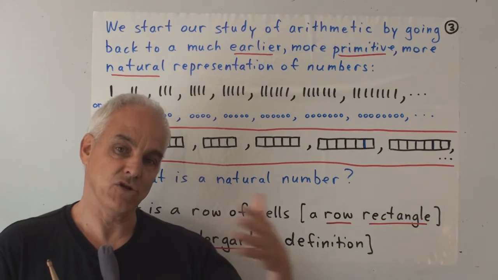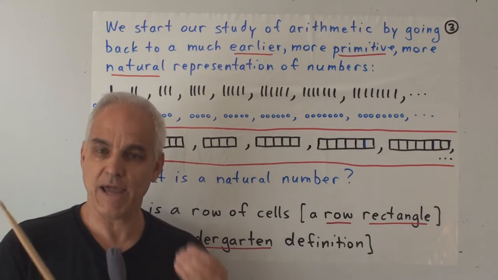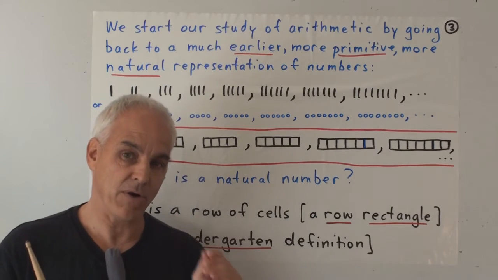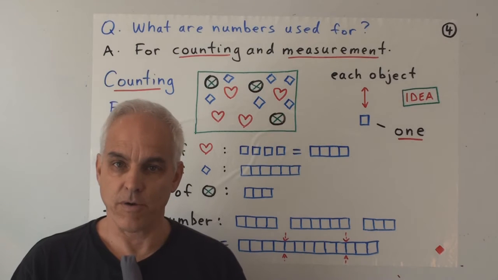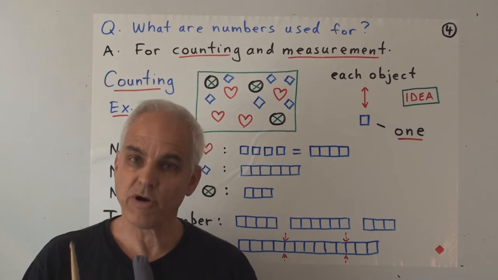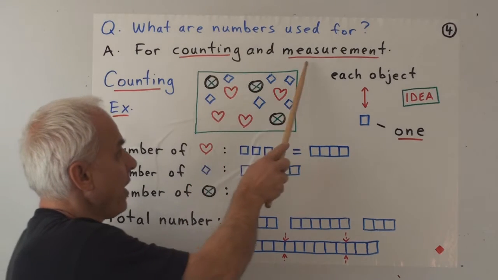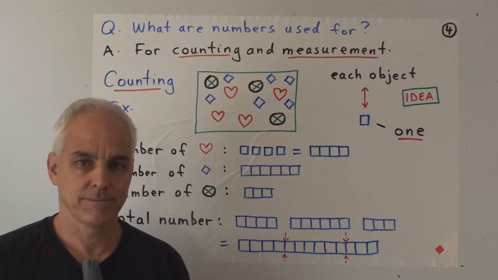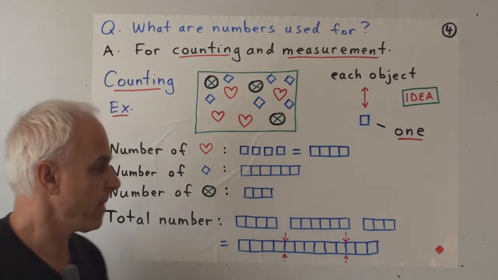And then when we finally do end up getting to the Hindu-Arabic number system, we'll fully be able to appreciate the power that it contains. So what are numbers used for? Well, their primary purpose is for counting and measurement. That's what numbers are used for.